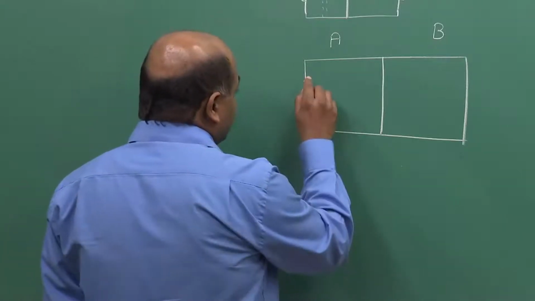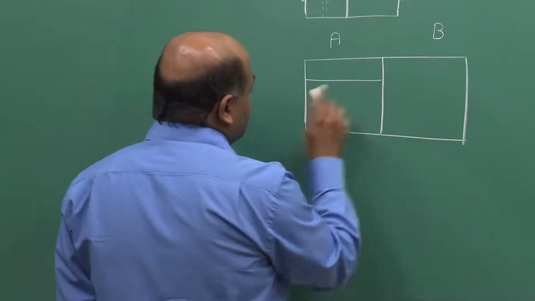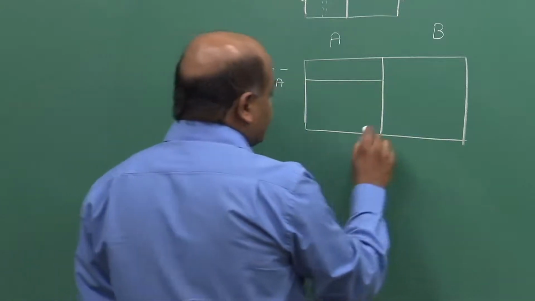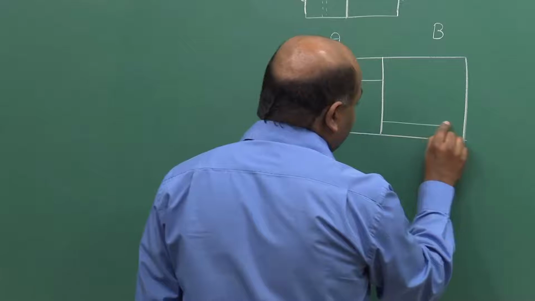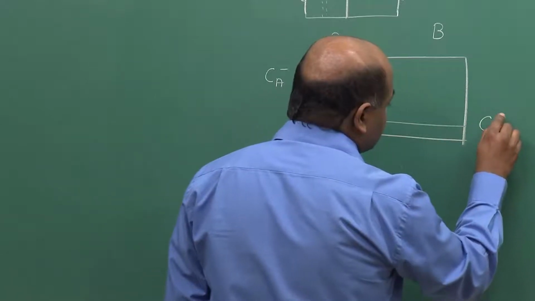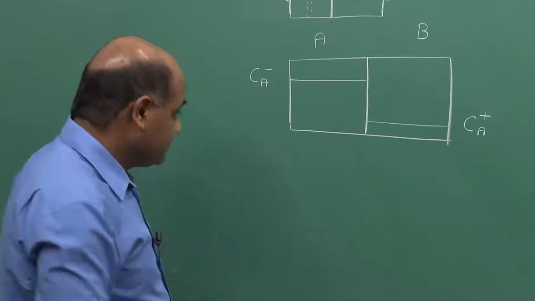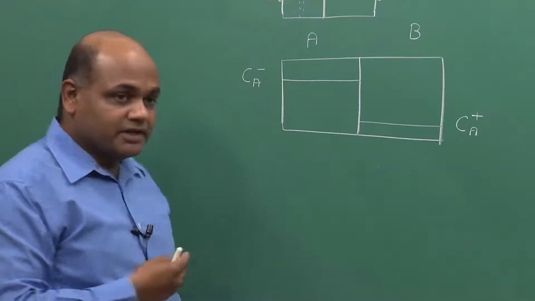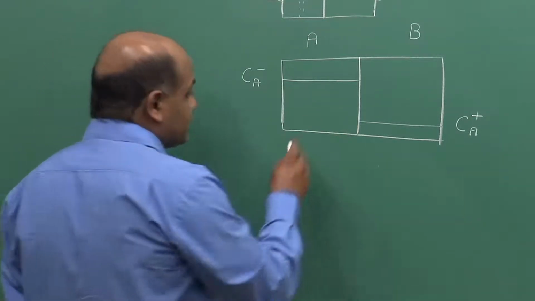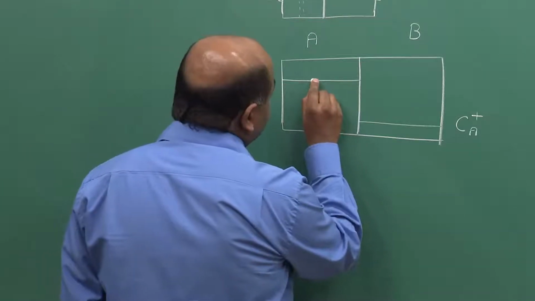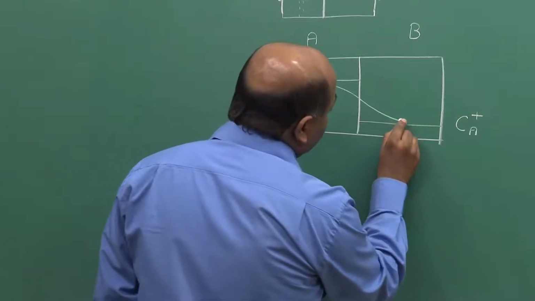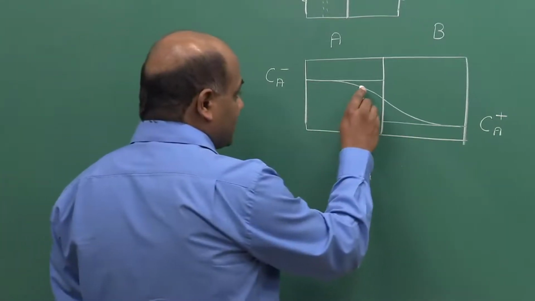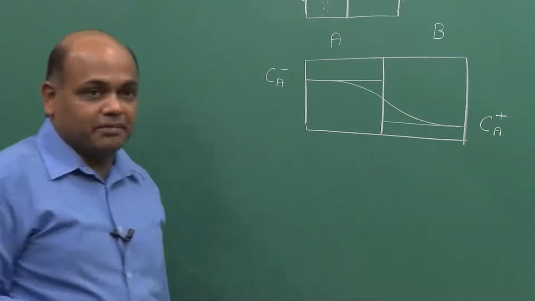To start with, alloy A, let us say, had a composition C_A minus, and alloy B had the composition C_A plus. After the diffusion annealing, there will be interdiffusion and a concentration gradient will be developed, something like this. Now, this composition profile, as I said, can be obtained by EPMA.